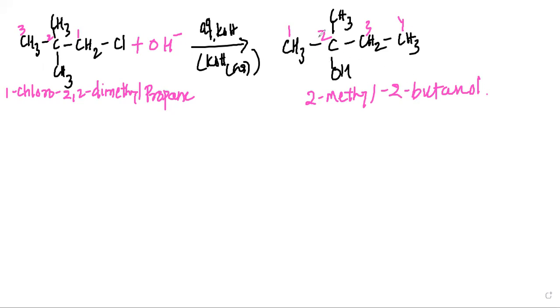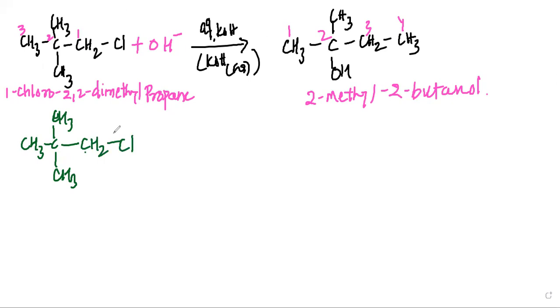Now let us see what happens during the mechanism of this, and here we have the reaction of rearrangement. First of all, our compound CH3, again we have CH3, this CH2, and then we have Cl.